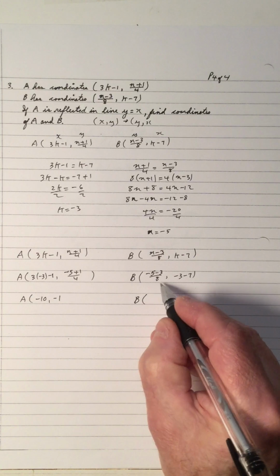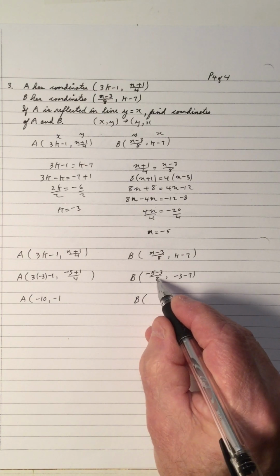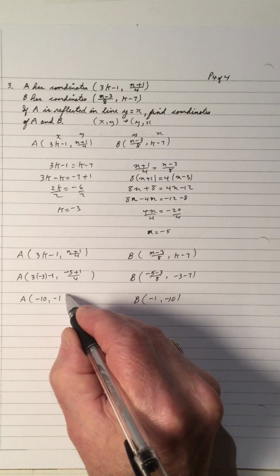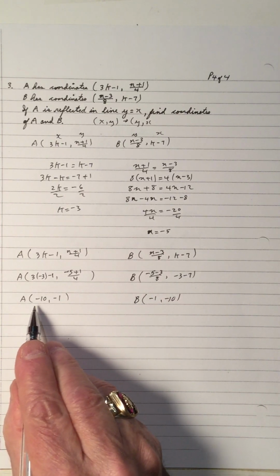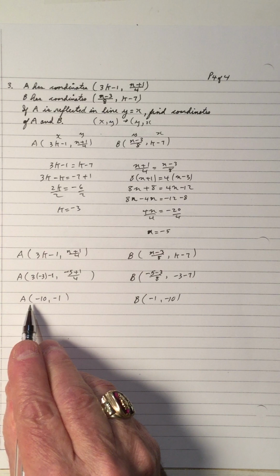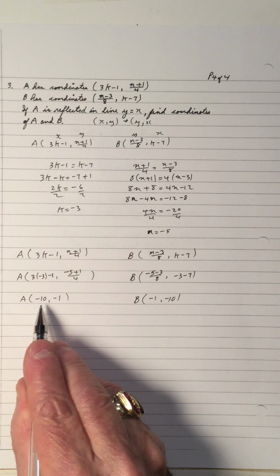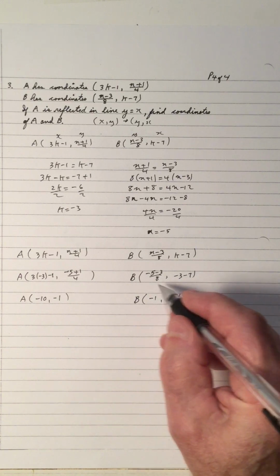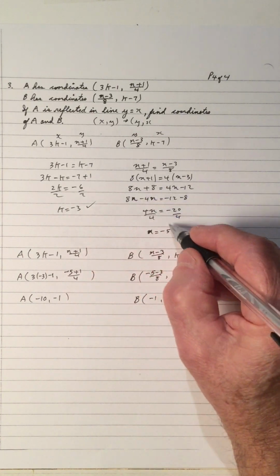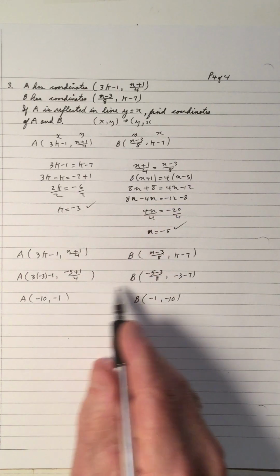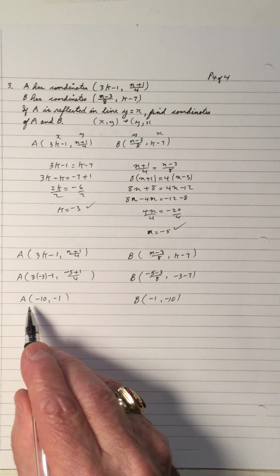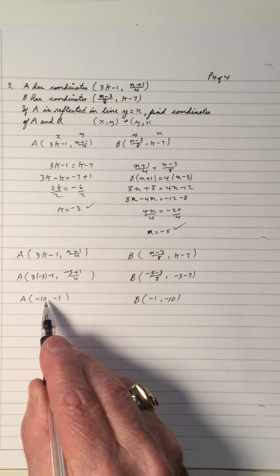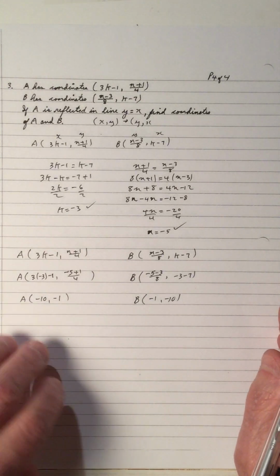So B is negative 8 over 8, which is negative 1, and that's negative 10. So notice, because they're reflected, the coordinates of A are negative 10, negative 1. So B, reflected, is negative 1, negative 10. So there's the value of k and the value of n, and we reflected it so that x and y becomes y and x.